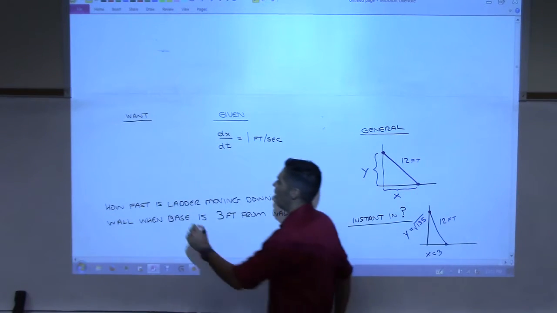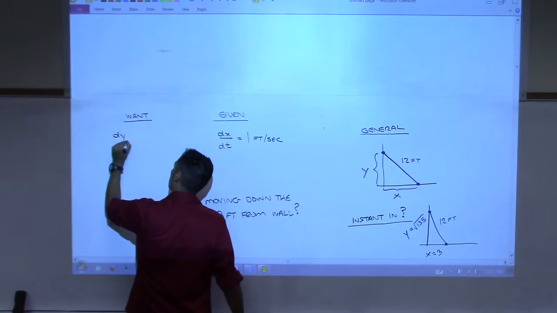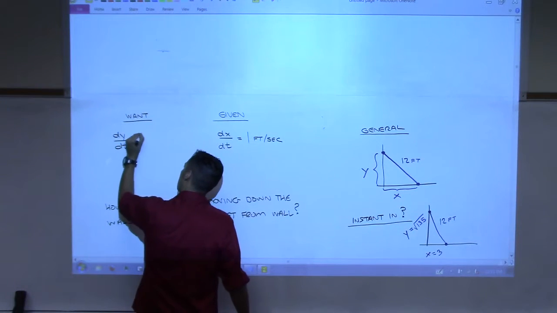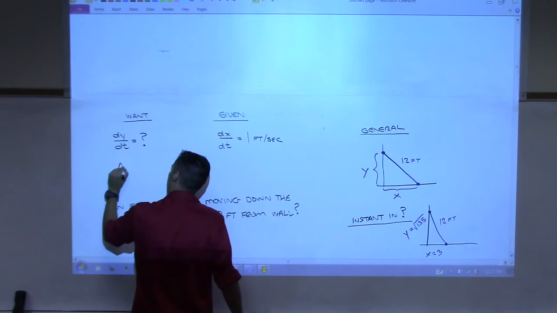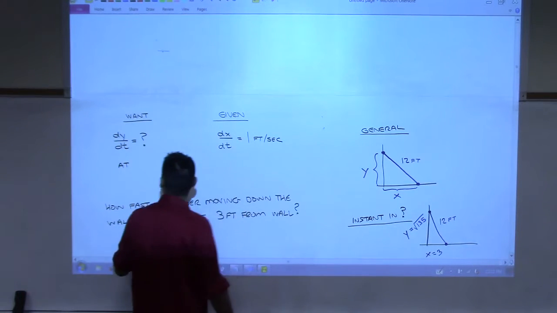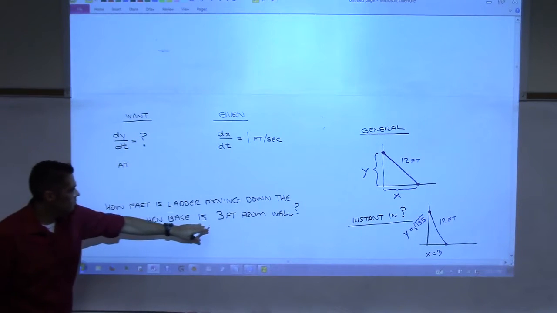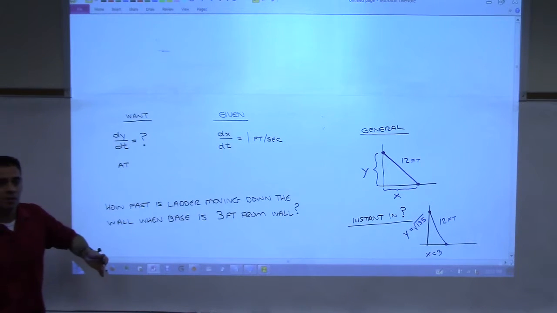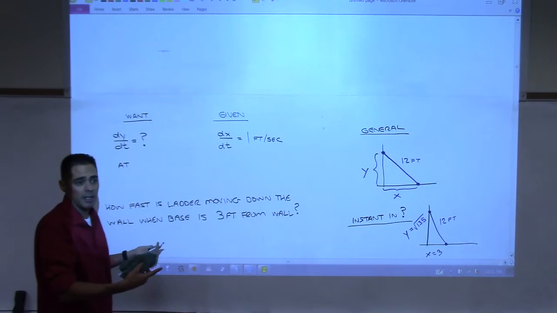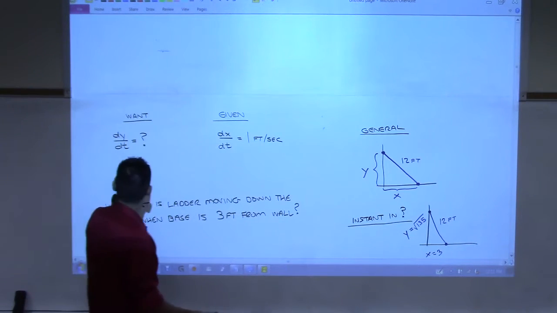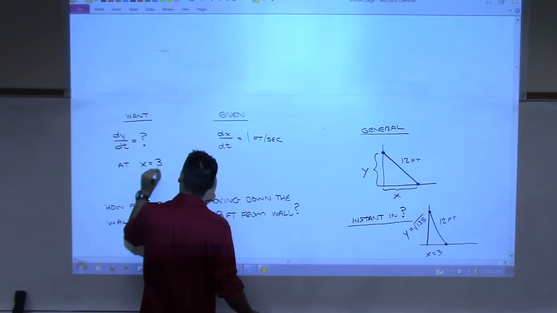So I want dy/dt at a specific moment in time. I want this when y is root 135. You could say when y is root 135, or you could also say when x is 3. Either way. I'm going to say at x equals 3.